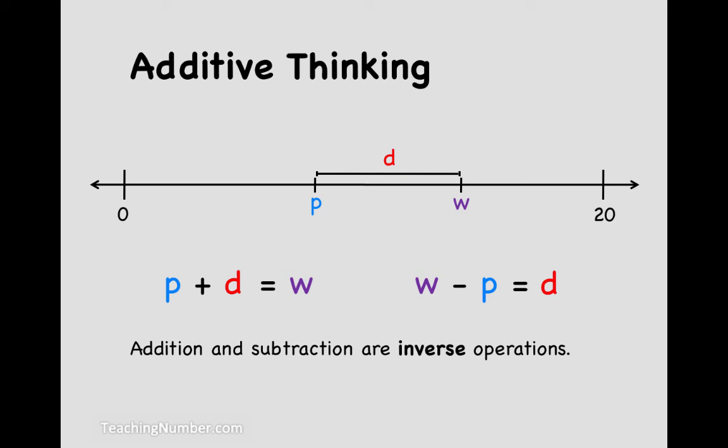Now that we have learned about additive thinking and the special relationship of addition and subtraction, it's time to use additive thinking to solve some problems. We can categorize additive thinking problems into three main groups. In the first group of problems, the different quantity is combined with the initial part to form the new quantity.